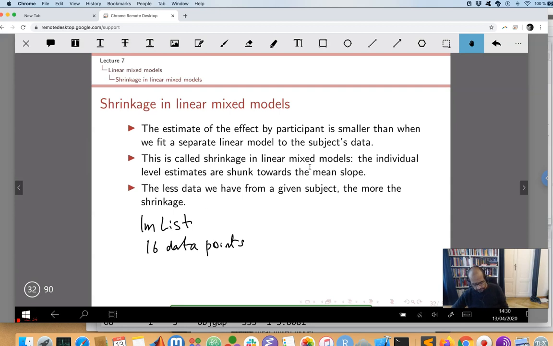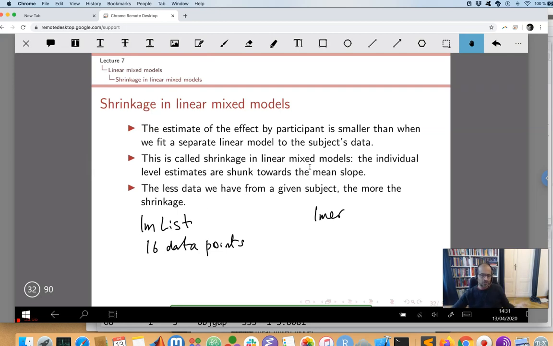The linear mixed model is going to take advantage of the fact that I know all the 42 subjects' data, and therefore I can compute the grand mean of those 42 subjects. As a consequence, when I estimate the intercept for a particular subject, I'm going to drag that subject's estimate towards the grand mean.